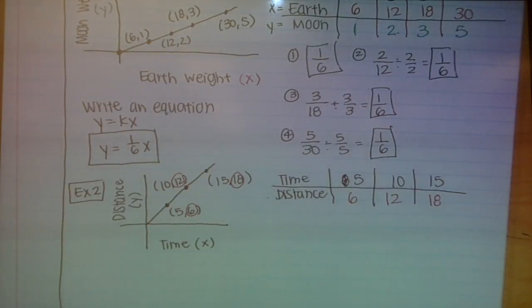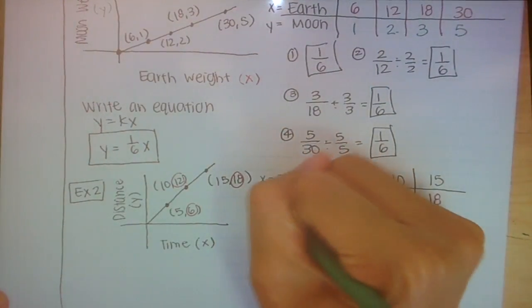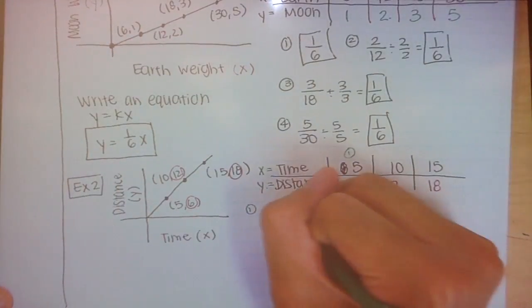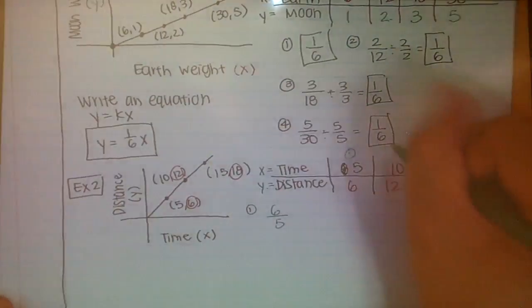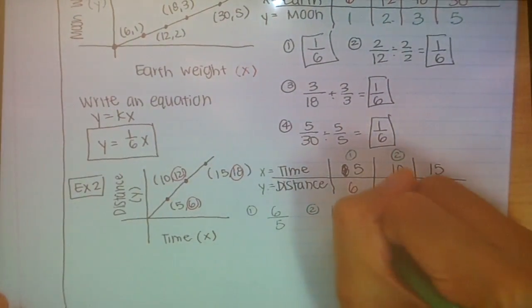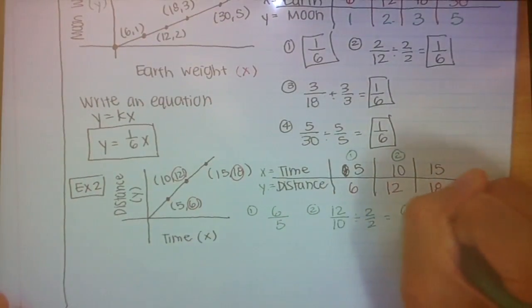Now I need to check if they are all constant. So x is time, y is distance. I need y over x. So number 1, y is 6, x is 5. That's in simplest form. Number 2, y is 12, x is 10. I can divide by 2 and I get 6 over 5.